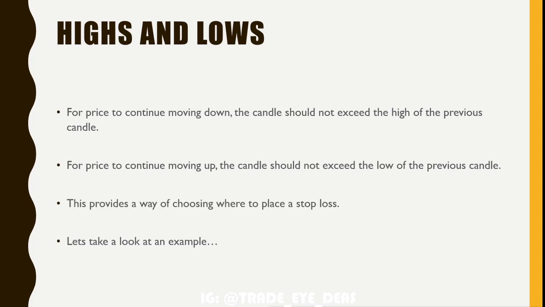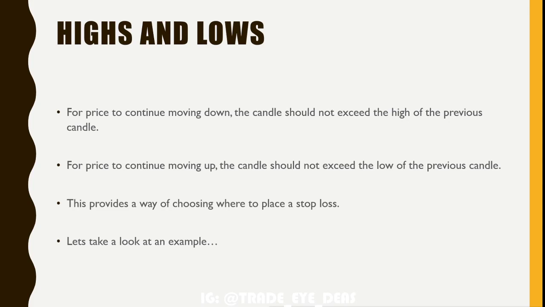The opposite is true for the opposite direction. If you're moving upwards and taking buys, candles should not exceed the lows of the previous candle, because then you would have made a lower low, and that's transitioning into a potential downtrend. From these two pieces of information, this is how we form our stop losses for any entries we take.